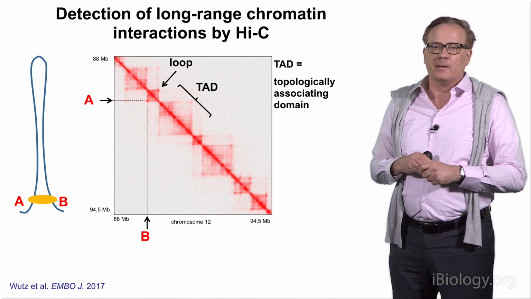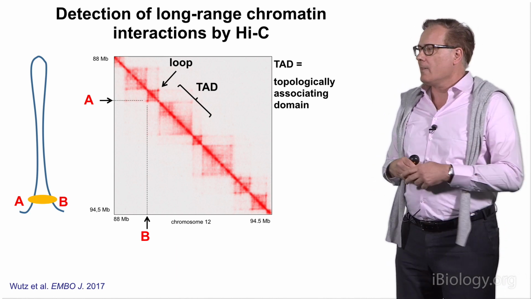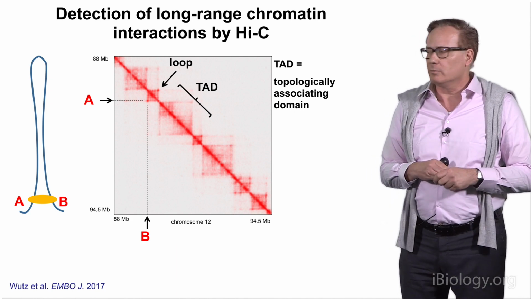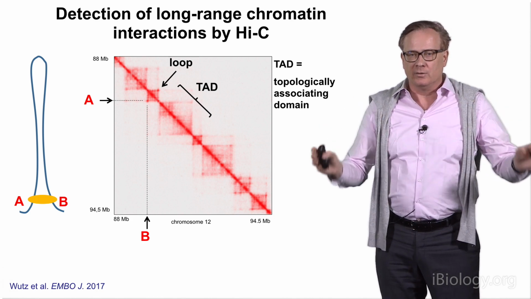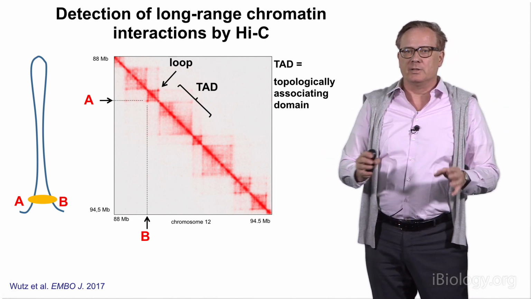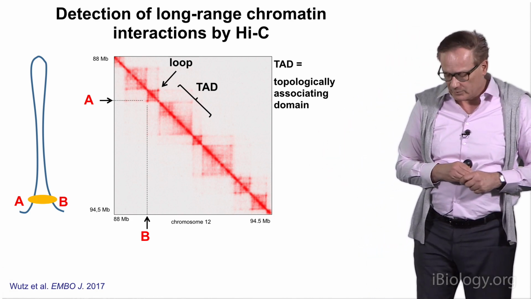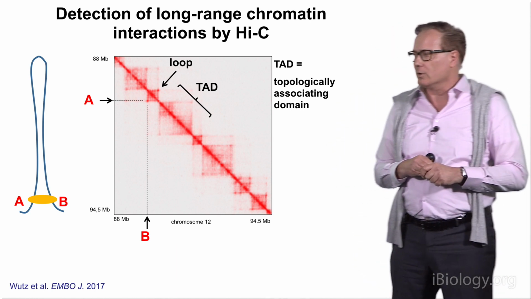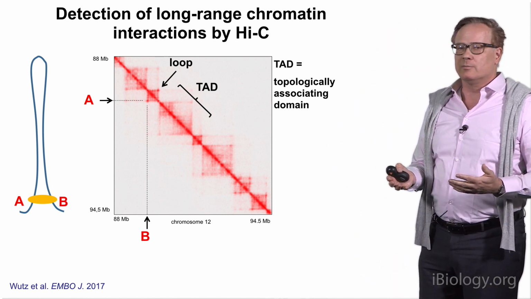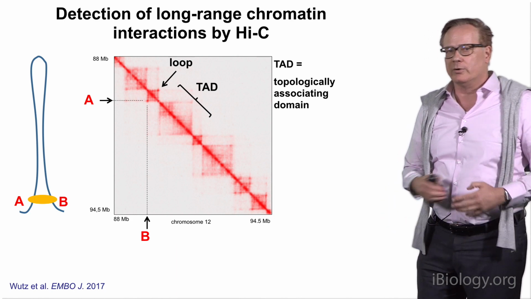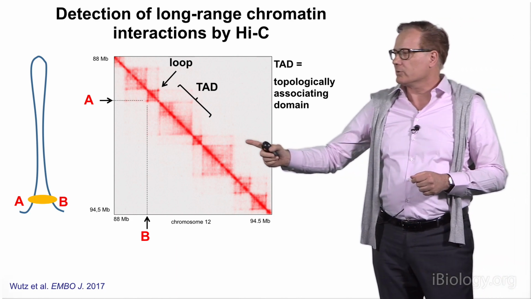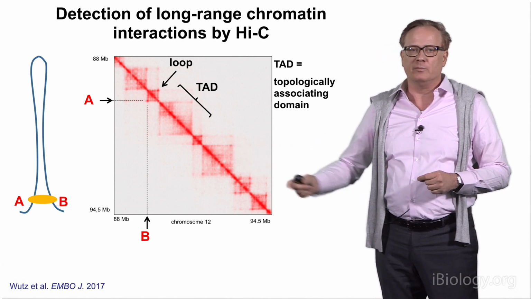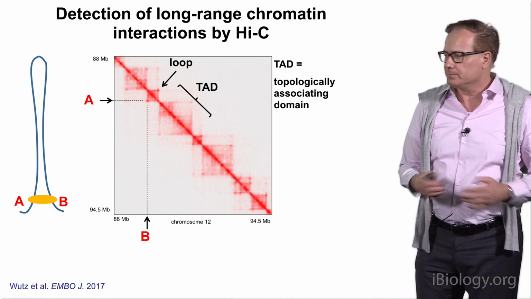One of these appear as pyramid-like structures, so-called topologically associating domains, within which many sequences seem to be able to interact with other sequences in this particular domain, first described in 2012 by Bing Ren and Edith Heard. And a few years later, by increasing the resolution of this technique further, Erez Lieberman-Aiden could show that in addition, one can see also discrete dots in these Hi-C maps, which we refer to as loops.